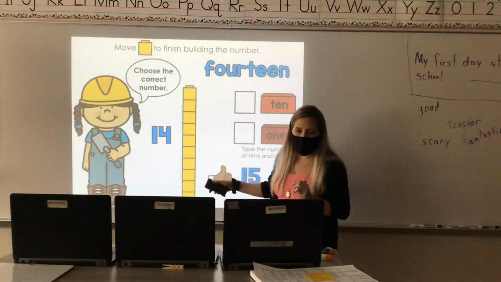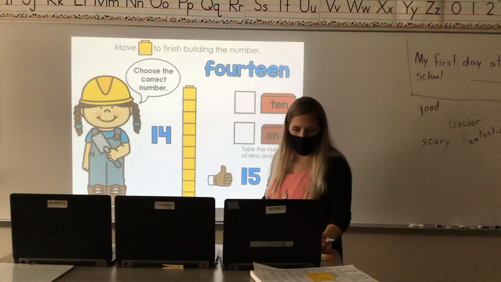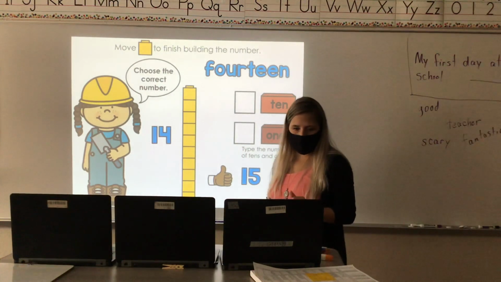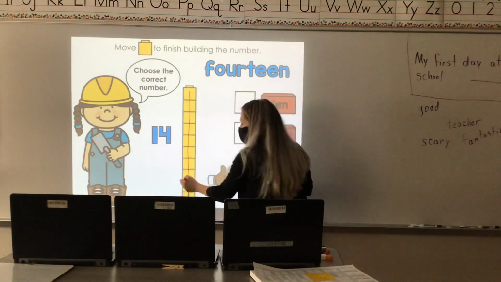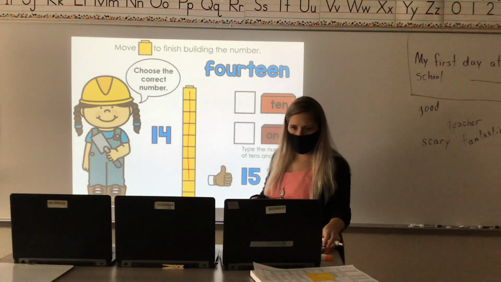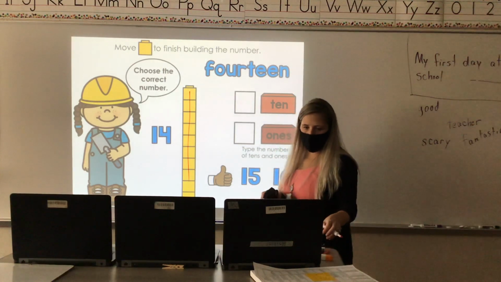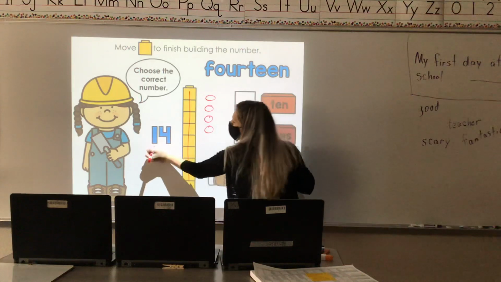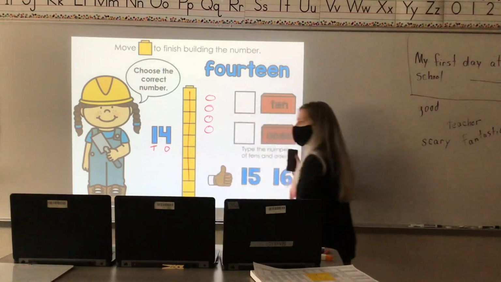Well, you're drawing 14 now. So how many tens am I going to draw, Jade? 1, good. So here's my 1 10. How many ones am I going to draw? 4, good. So we got 4 right here. Here's my tens place, here's my ones place.